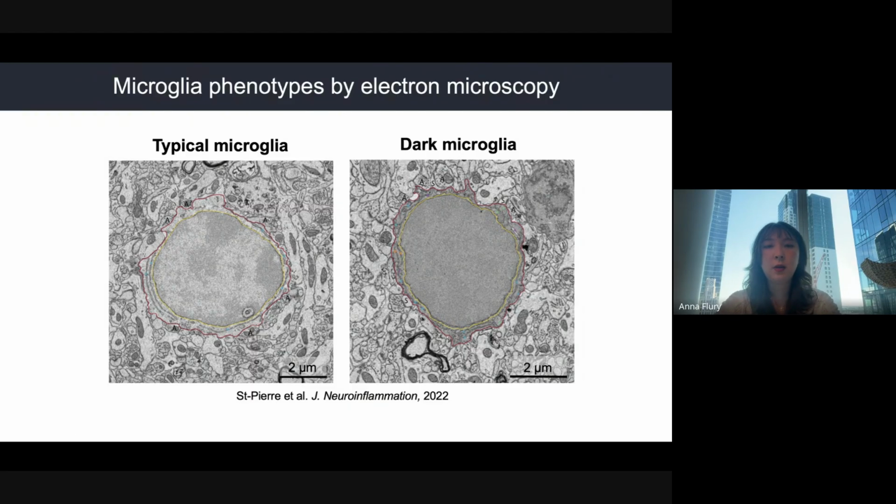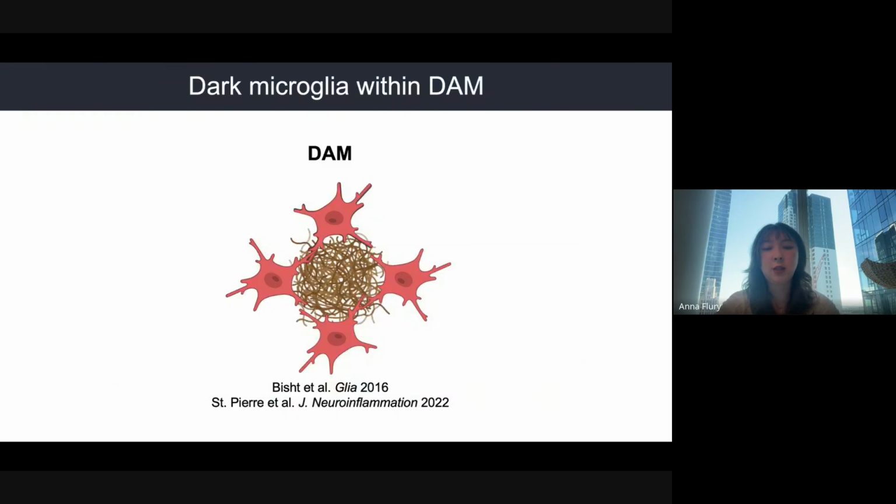The reason that we are interested in these cells in relation to DAM is because, like DAM, they are pretty much exclusively found surrounding amyloid plaques, and they are also emergent in conditions that recapitulate features of Alzheimer's disease. So they're very rare to spot in conditions of health. And the thing about dark microglia is that they interact extensively with neuronal elements like synapses, dendrites, and neuronal dystrophies.